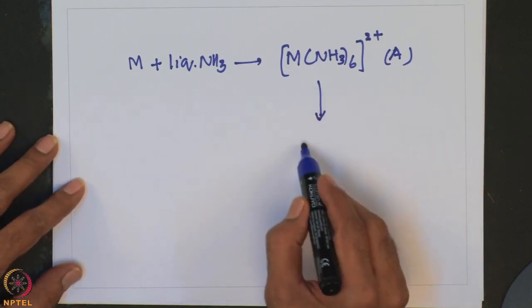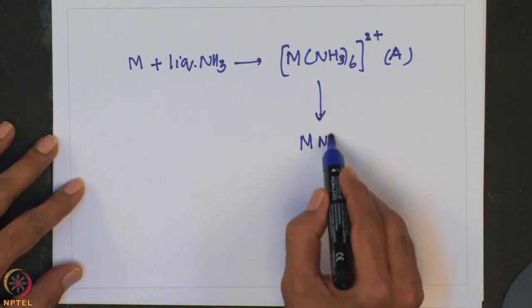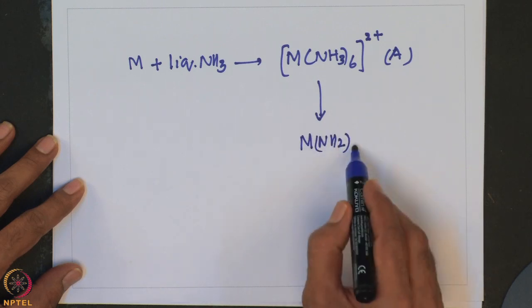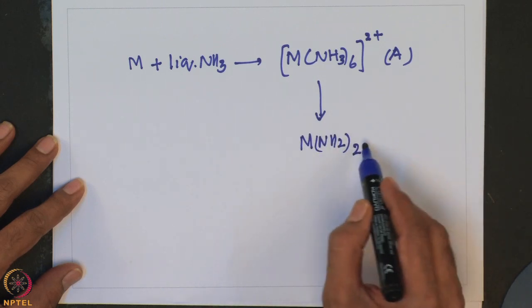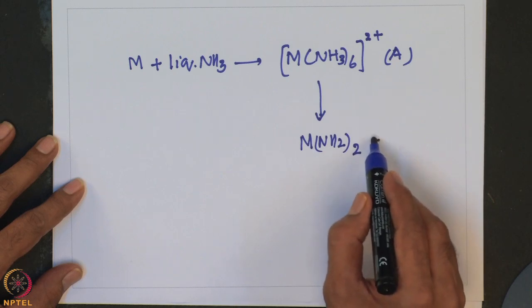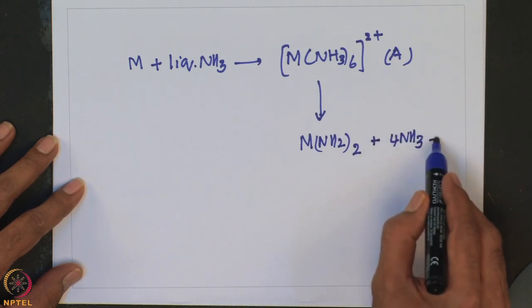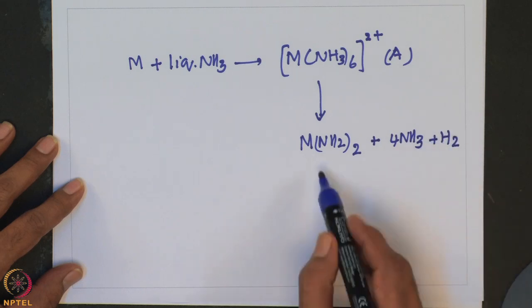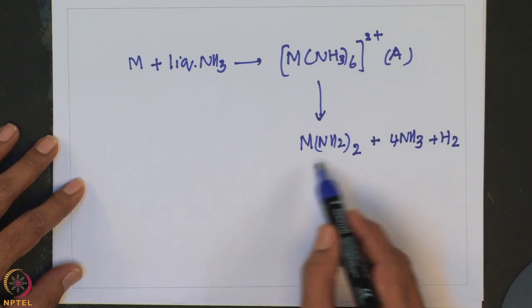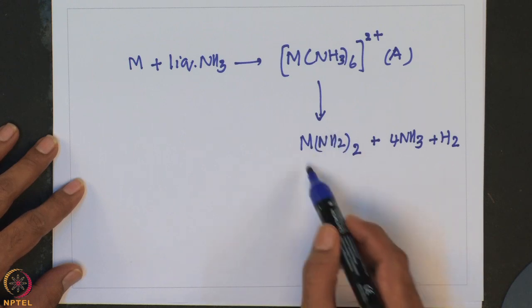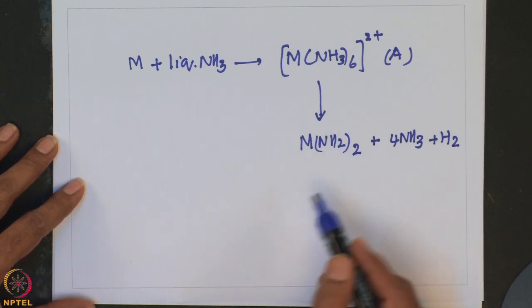So, here it is M(NH2)2 plus 4 NH3 and plus H2. Here this is similar to sodium amide NaNH2, here divalent. So, M(NH2)2 will come.